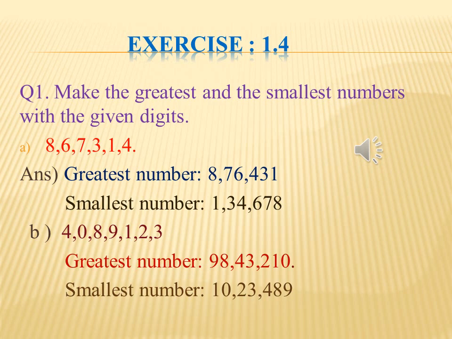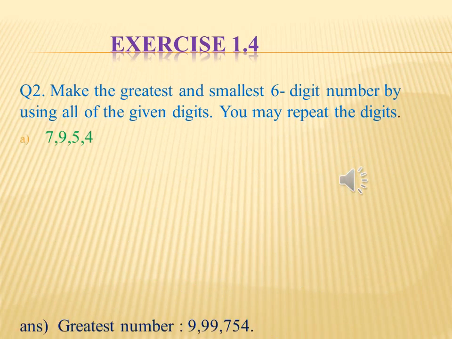Then a little greater number 3. Then a little greater 4. Then 8. Then 9. Separating the number using commas, we read the number as 10,23,489. Hope you all have understood how to write the greatest number and smallest number using the given digits.